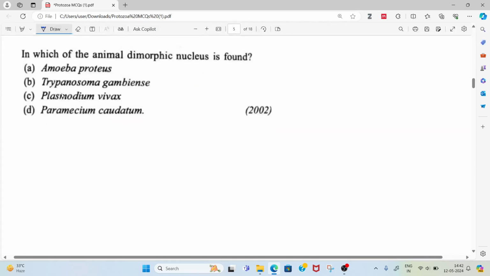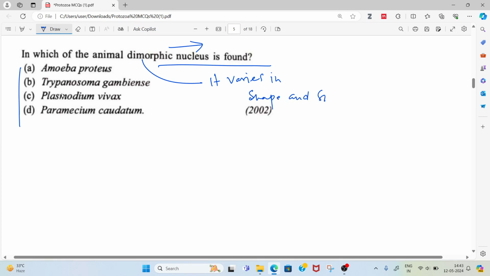in which of the animals is dimorphic nucleus found? Dimorphic nucleus means two different types of nucleus are present which differ in shape and size.